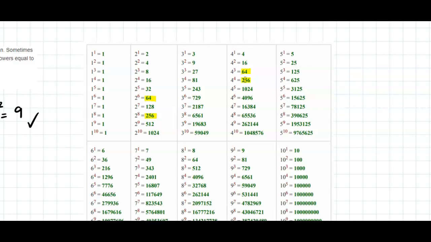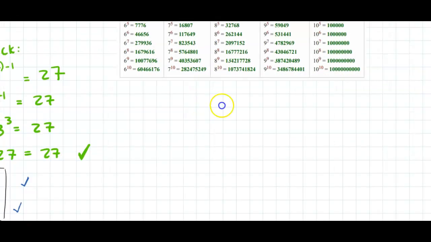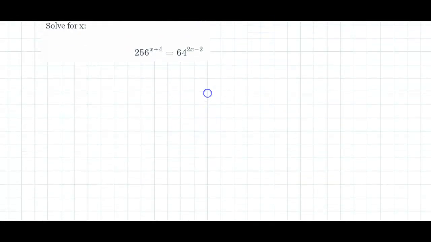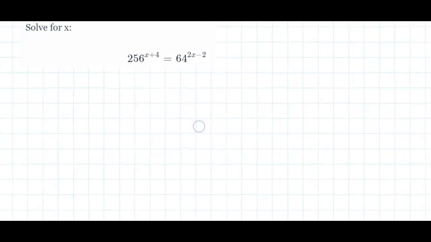So I'm going to rewrite as base 4, 4 to the 3rd and 4 to the 4th. So 64 is equal to 4 to the 3rd and 256 is equal to 4 to the 4th.